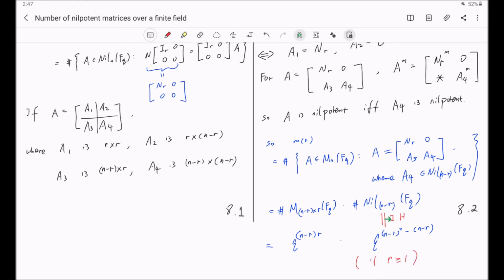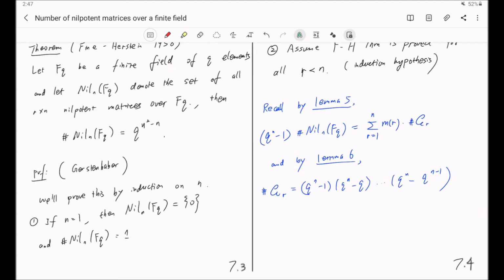If R is equal to 0, we don't know this number. But for R greater than or equal to 1, namely the size of this matrix is less than or equal to n minus 1, we know this by our induction hypothesis. We do have this condition because we are looking at the sum starting from R equal to 1. We are not starting from R equal to 0.